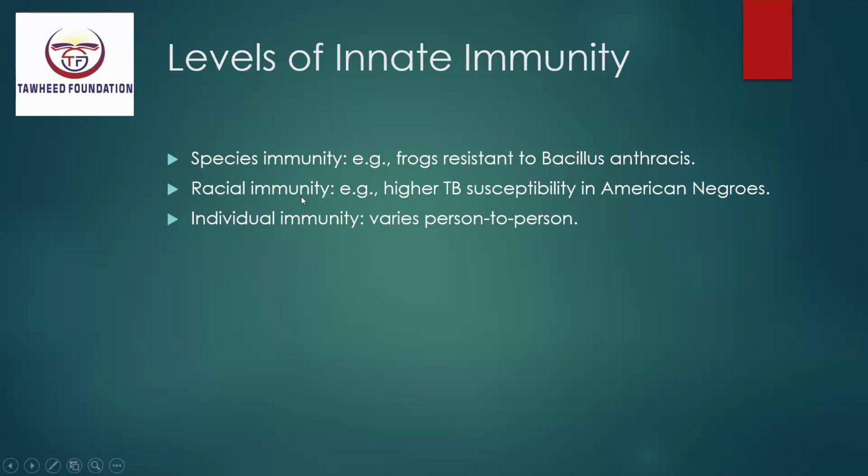Sometimes innate immunity is confined to a particular race and may be absent in other communities. For example, Negroes of America are more susceptible to tuberculosis than the whites. Individual immunity refers to the antimicrobial defense mechanisms that are confined to a particular individual and may not be exhibited by others.